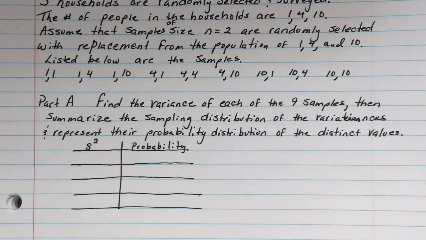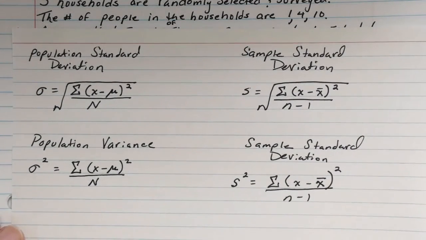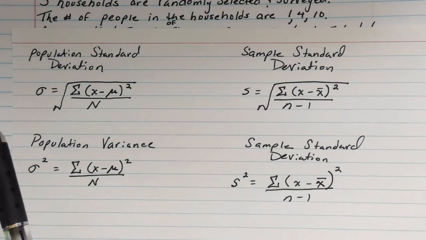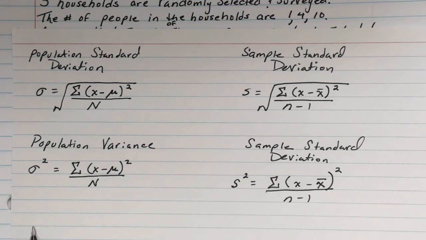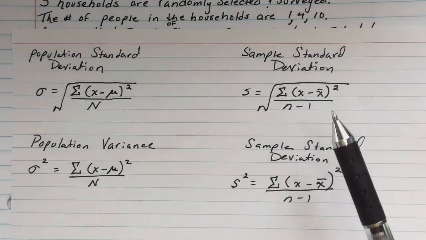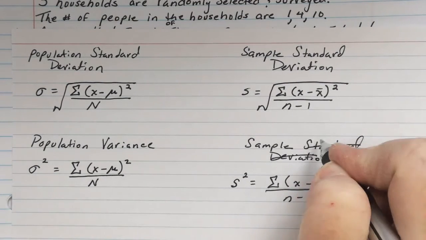Before we get started, make sure that you have recalled or have somewhere in your notes the formulas you're going to need. You're going to need your population standard deviation formula and your population variance formula, your sample standard deviation formula, and your sample variance formula.